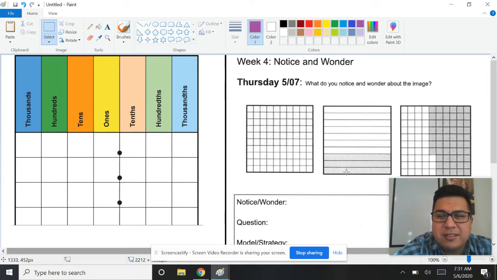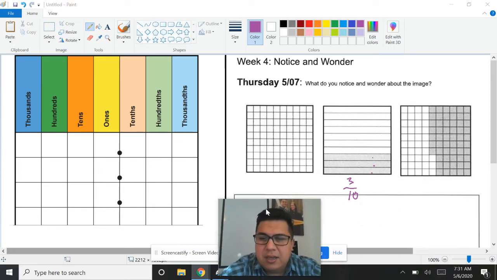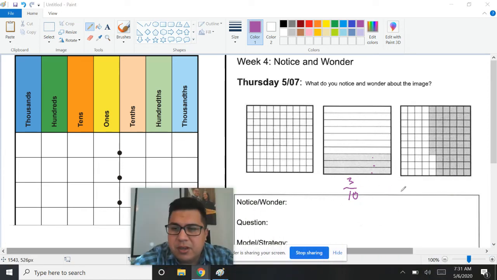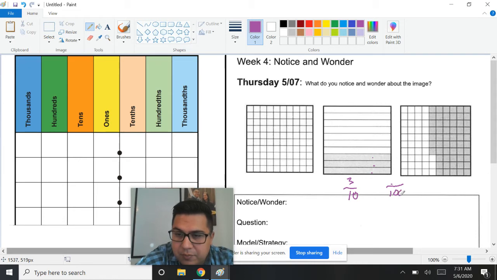If we're looking at this as a fraction, we know that there's 10 units. That's going to be our denominator, right? So for our denominator, we're going to put 10, and our numerator is going to be what's shaded in. So we have 1, 2, 3 shaded in. So this represents 3 tenths. As we look at the other one, we know that we have 100 units, so our denominator is going to be 100.